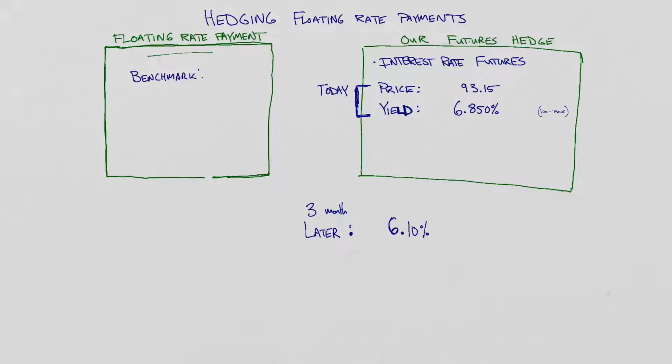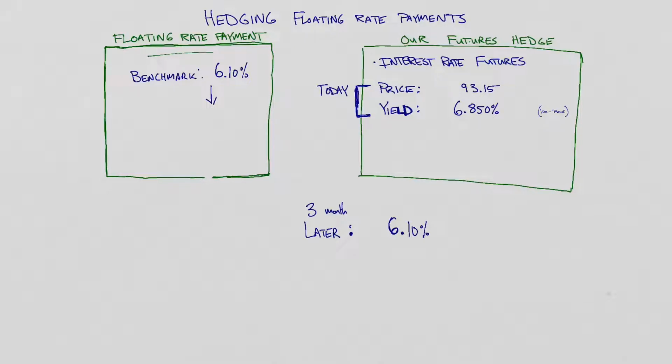So 3 months later, the company has to pay an interest rate on its loan of 6.1%. So in this case, interest rates have actually fallen, and it's cheaper for this company to make a payment on its loan. It's gone from 6.85% down now to 6.1%.